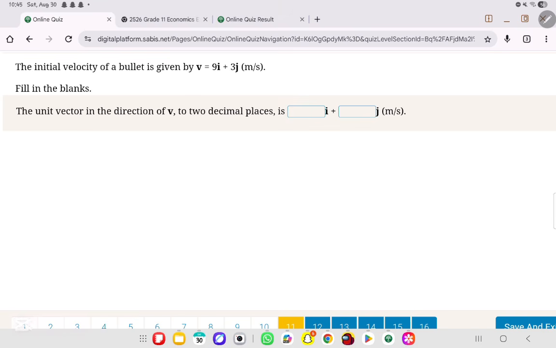Now we will move on to the next question, question number 11. The initial velocity, which is a vector, of a bullet is given by this. What do they need? The unit vector in the direction of v, to 2 decimal places. When they ask for the unit vector, you have to remember something.